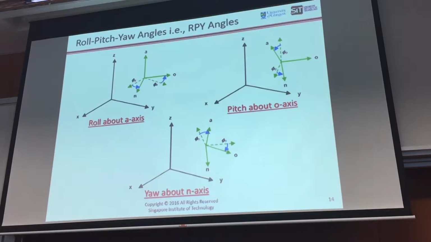Then after that, they will do a pitch about the O. O is the Y. And then the last step is yaw about the N-axis, which is the X. You see the way it has been put: I'm not saying X-axis, Y-axis, Z-axis. I'm talking about A-axis, O-axis, N-axis.